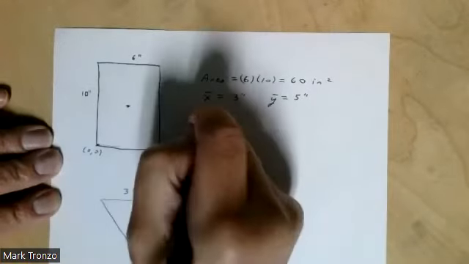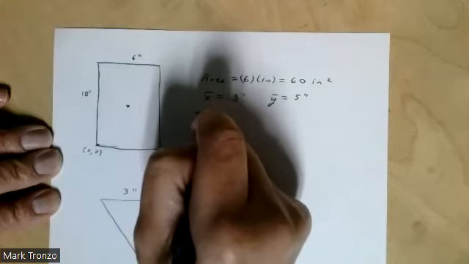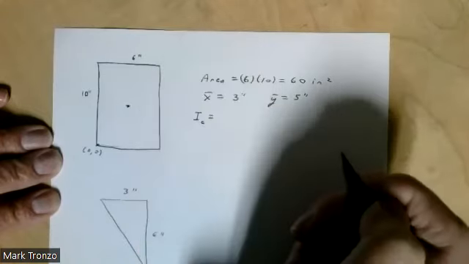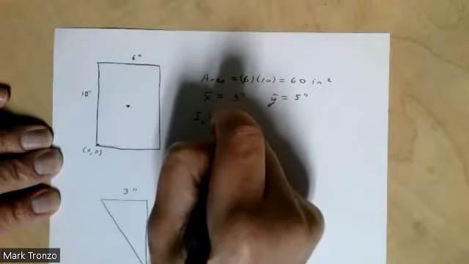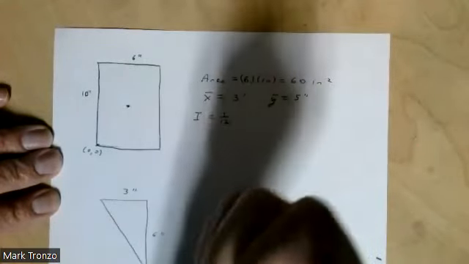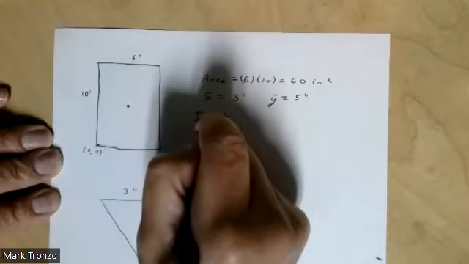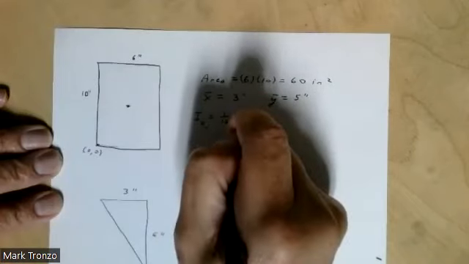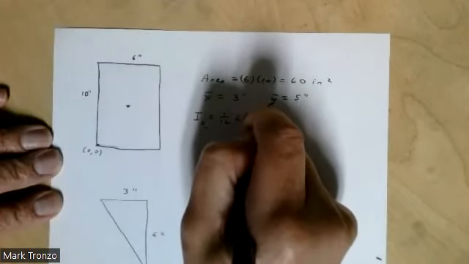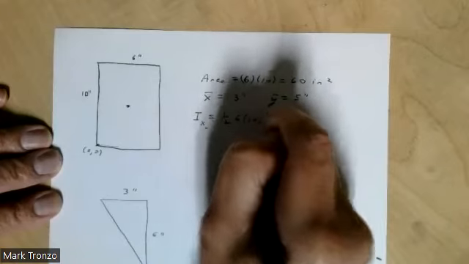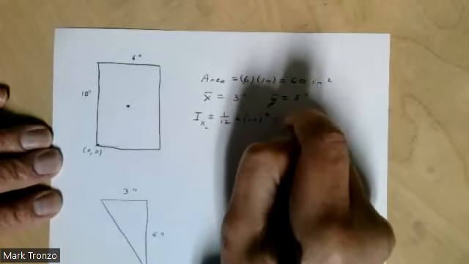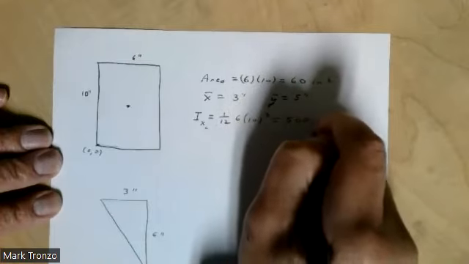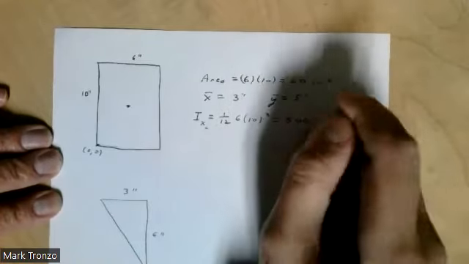And then if you look in the table, the I about the centroid is 1/12. Excuse me, this is from the X direction. I'll call it IXC to indicate that it's about the centroid: 1/12 the base times the height cubed. And that comes out to be 500 inches to the 4th.